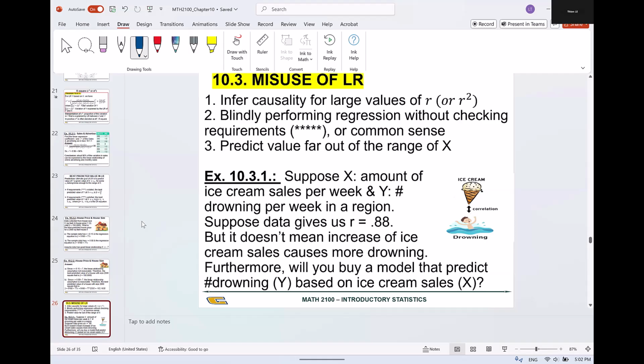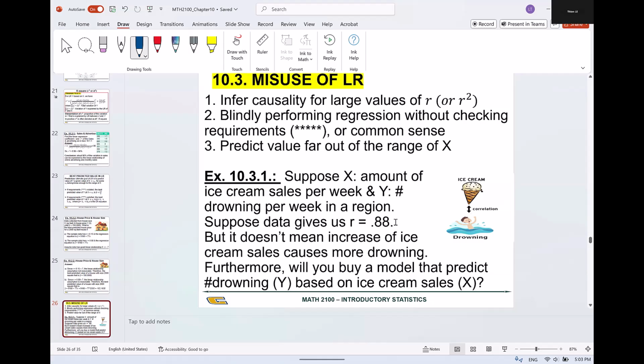A very common, popular example is drowning and ice cream sales, okay? Suppose in this example you have a high linear regression coefficient, about 0.8. So there's some association between drowning and ice cream sales, but it doesn't mean that eating more ice cream, that increased ice cream sales, will cause more drowning, right?